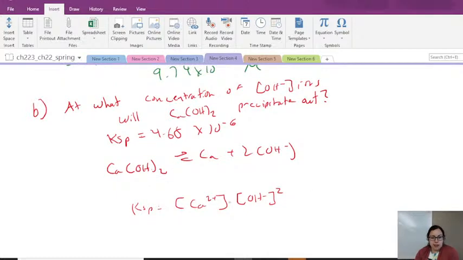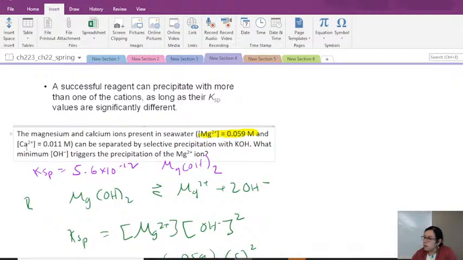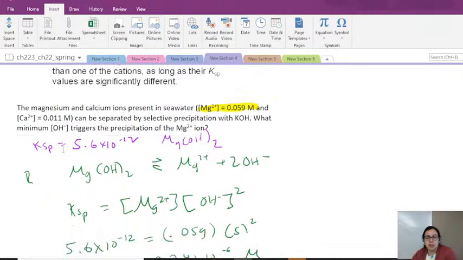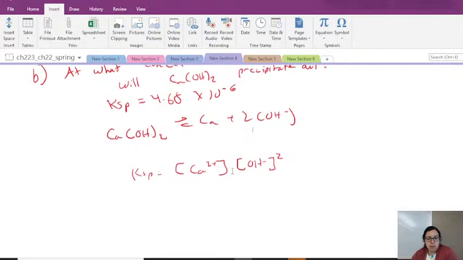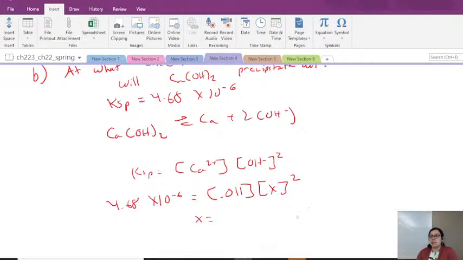And now that we have this expression, and we're given how much calcium there is in the sea, we just have to solve again for hydroxide. So 4.68 times 10 to the negative 6 is equal to 0.011 times x squared. And so what do you get when you solve for x?